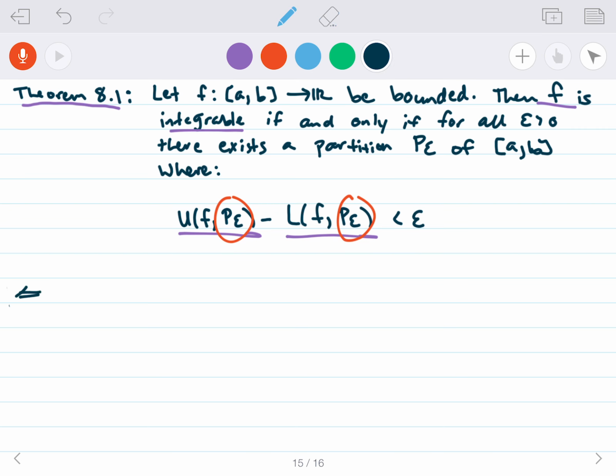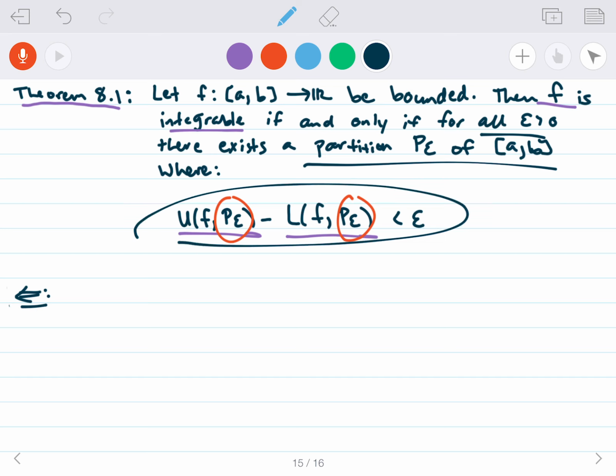So now what are we assuming? Now we're assuming that for every epsilon, there's a partition where this inequality holds true. So let's suppose that: suppose epsilon is bigger than 0 and choose a partition P sub epsilon so that the inequality holds true.